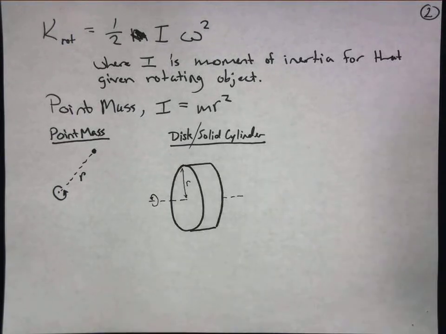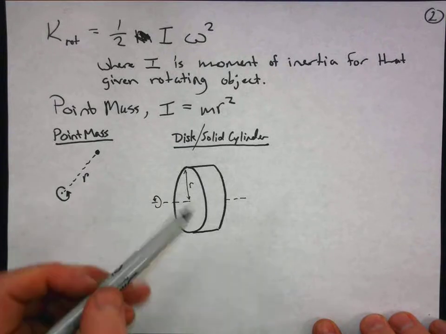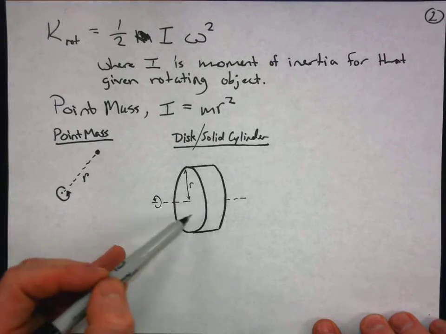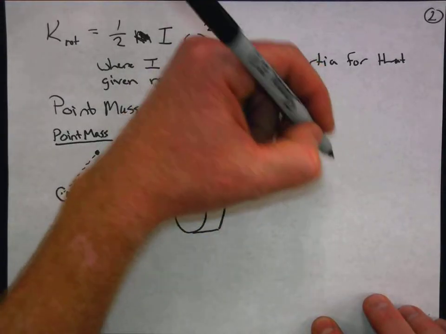Now we can also think about a hoop or a ring. This would be sort of similar to a bicycle wheel, or any similar type of object where the central region of the object is open and empty. So this guy is solid material all the way through the center. We're going to try to draw a hollow hoop.